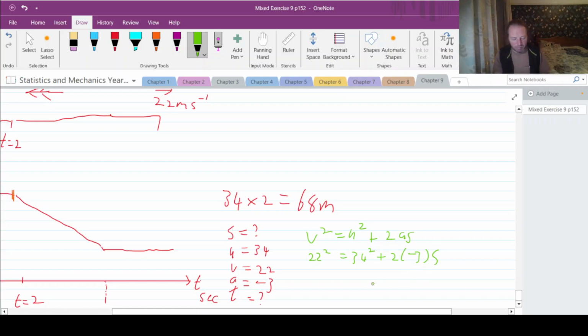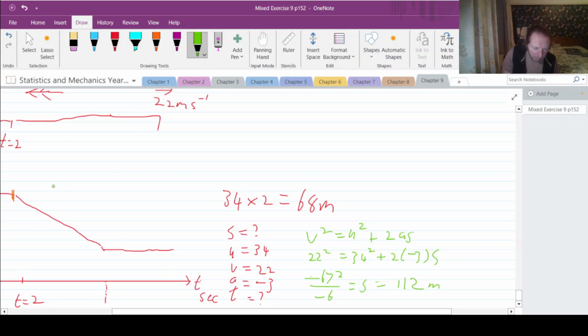So 22 squared is 484, and taking away 34 squared gives us minus 672, so we have minus 672 divided by minus 6 equals s, which is 112 meters.